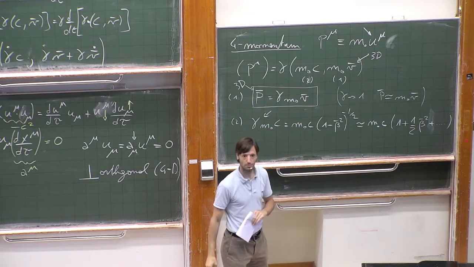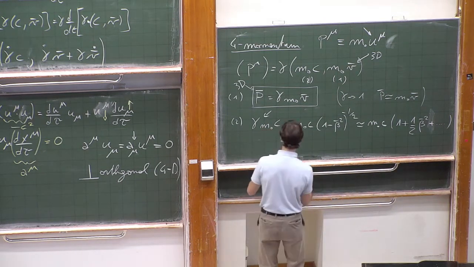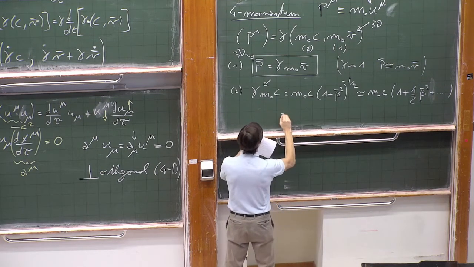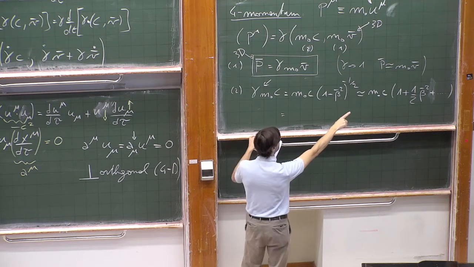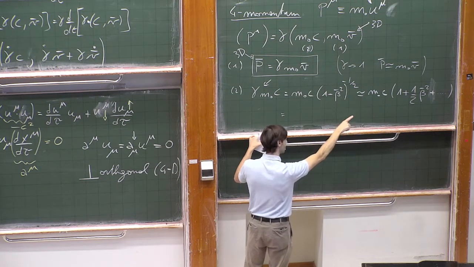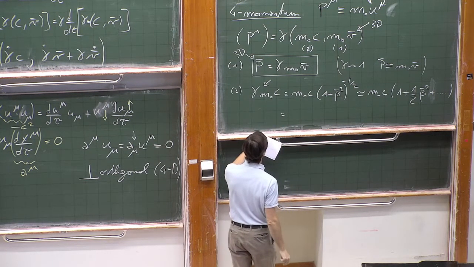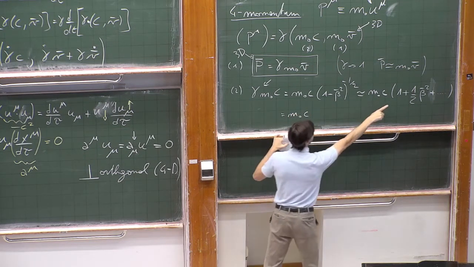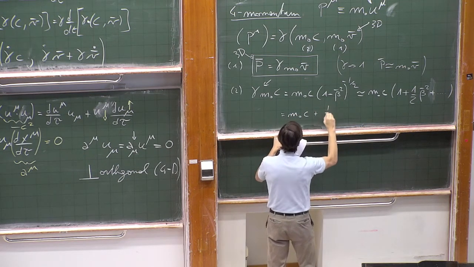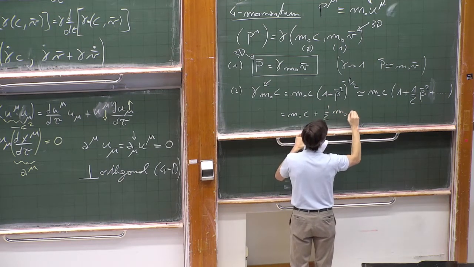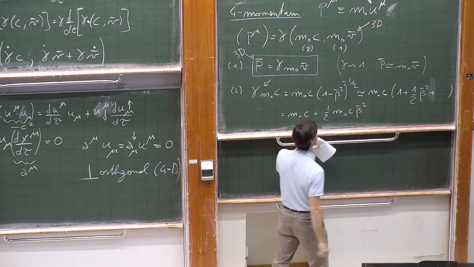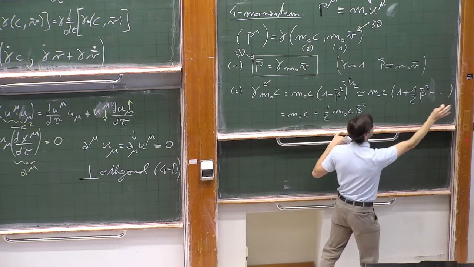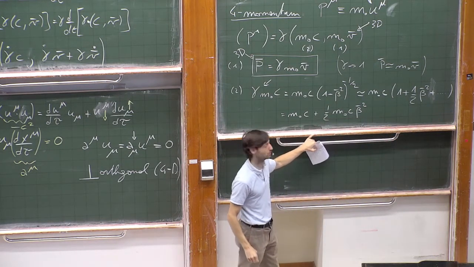Okay, so I'm stopping at first order. Now, let's be tedious, and let's just multiply M0 C times those factors. M0 C, that's the first one, plus 1/2 M0 C beta modulus squared. And now I forget about the other terms, okay?